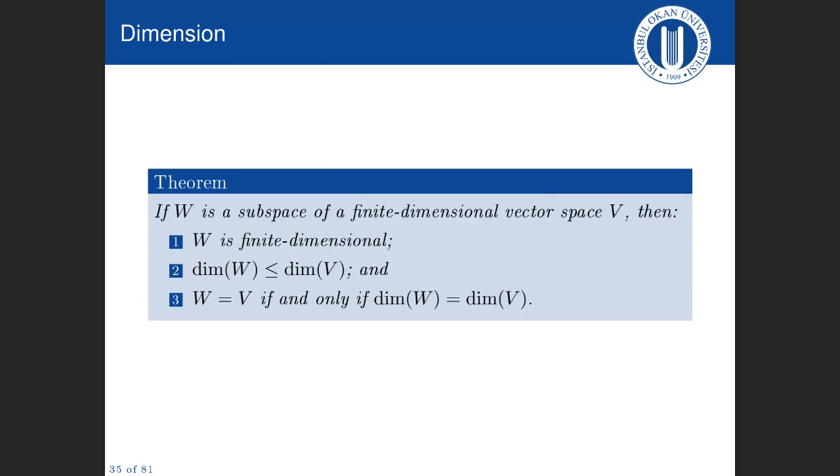If W is a subspace of a finite dimensional vector space V, then we know 3 things. W must also be finite dimensional.